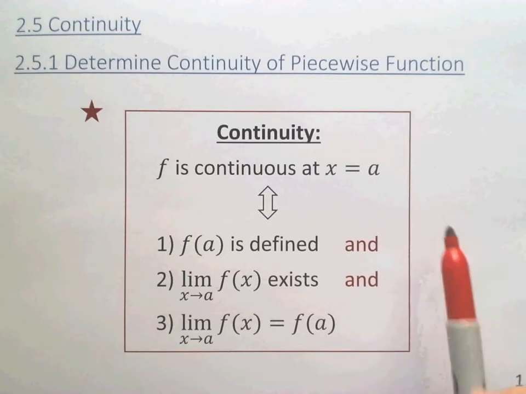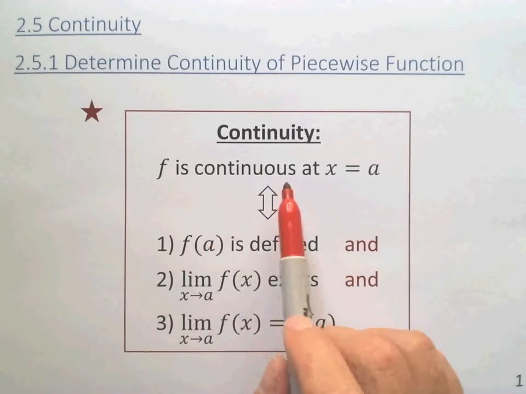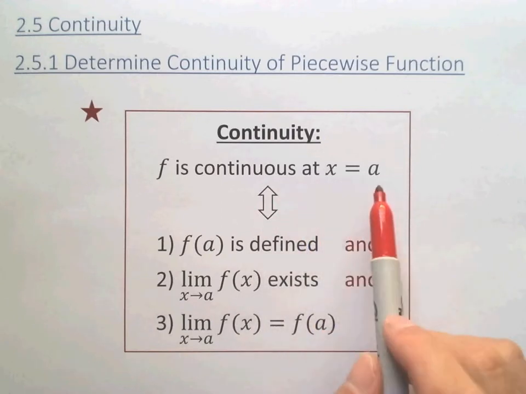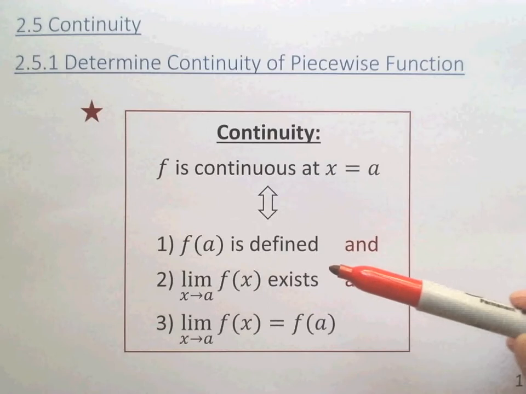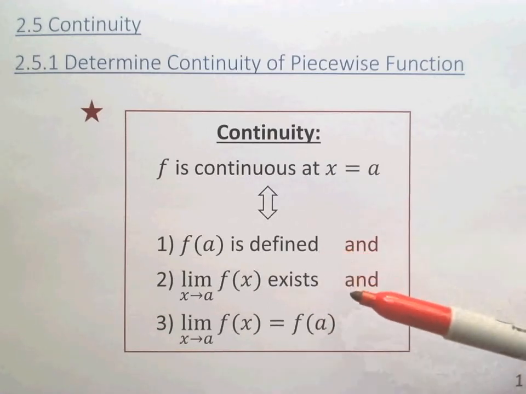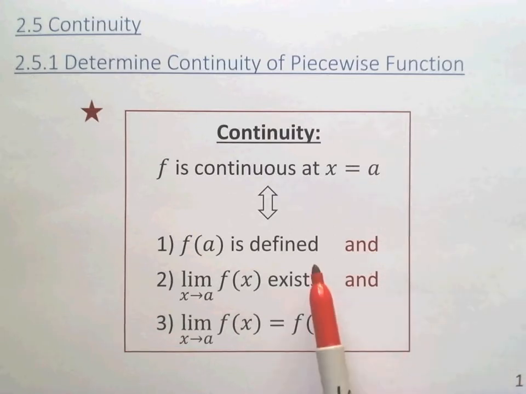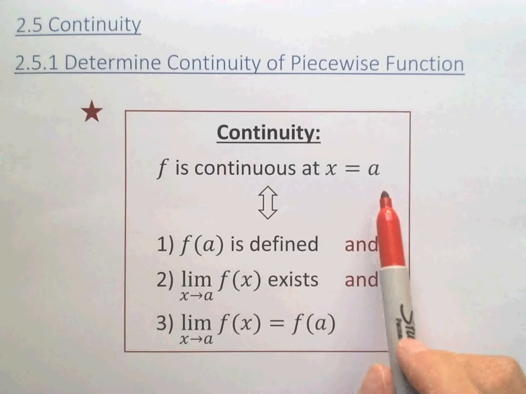We say f is continuous at x equals a number a, and we need to make sure these three conditions are satisfied at the same time. First, the function must be defined at a, which means a should be in the domain of the function.